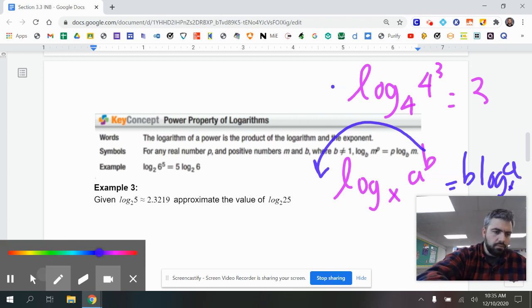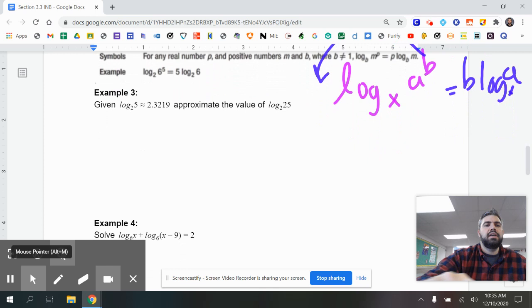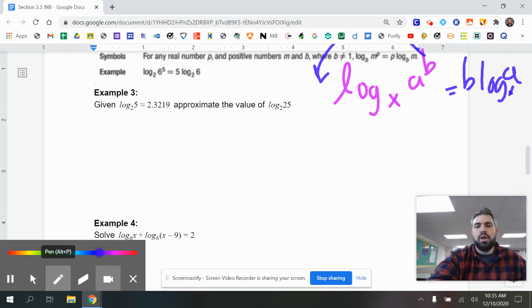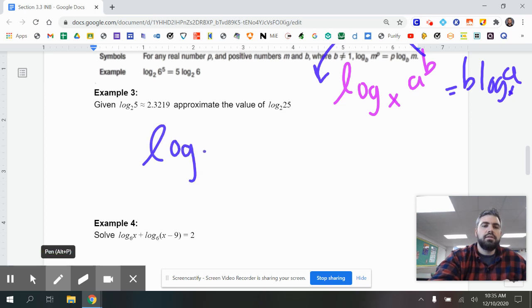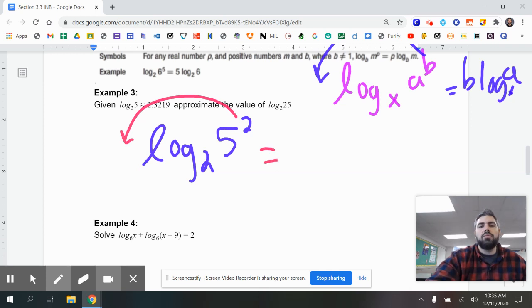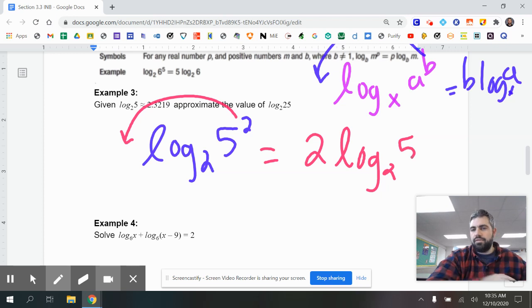Okay, so we can use that information to help us figure things out. Now, let's look at this one right here. It says log base 2 of 5 is approximately 2.3219, and we can figure out log base 2 of 25. Now, how do we do that? Well, we know that log base 2 of 25 is written as log base 2 of 5 to the second power, because 5 times 5 is 25. So according to this new power rule, I can bring the 2 down and rewrite it as 2 log base 2 of 5.